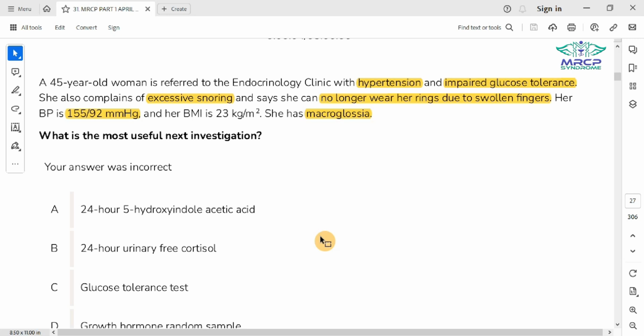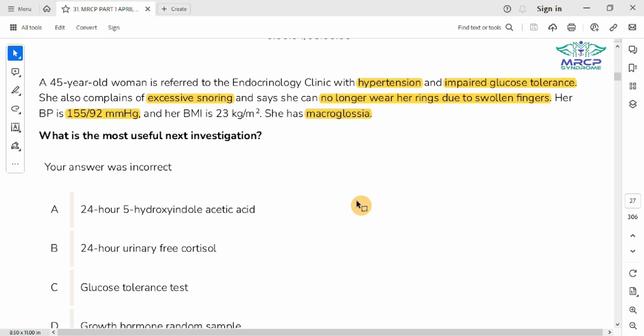She also complains of excessive snoring and says she can no longer wear her ring due to swollen fingers. Her blood pressure is 155/92 mmHg and BMI is 23 kg/m squared. She has macroglossia. So what is the most useful next investigation?